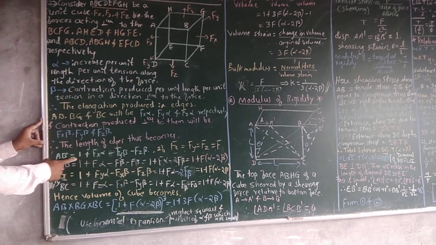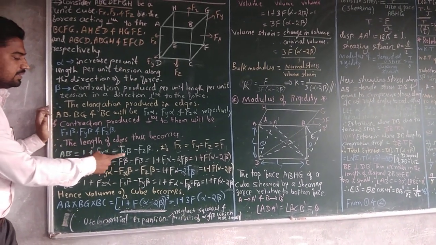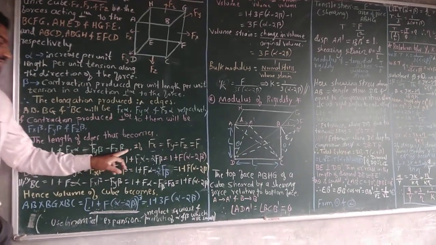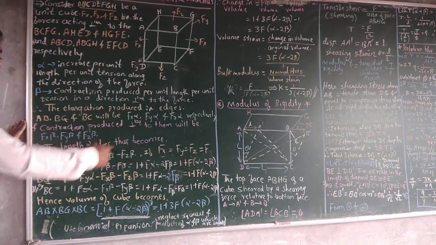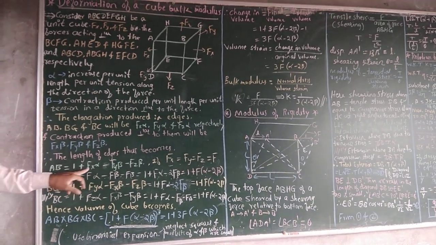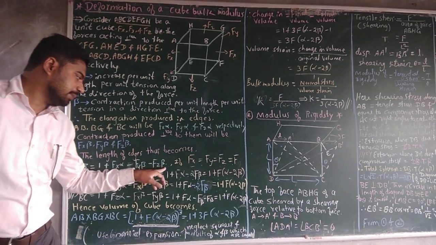Then the total length of all the edges becomes AB equal to 1 plus Fx alpha minus Fy beta minus Fz beta.